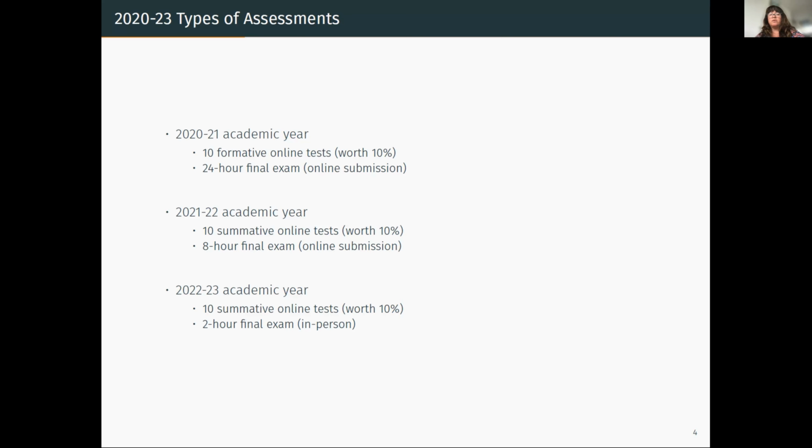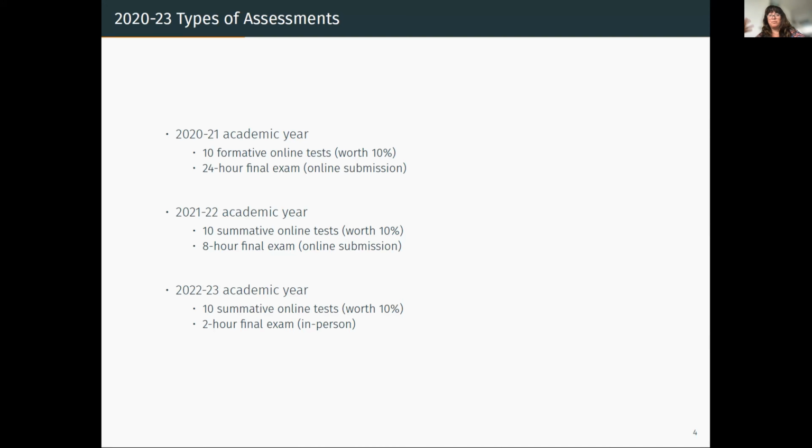Then there was a 24-hour final examination, which was online at the time. In 21-22, something similar: the final exam changed from 24 hours to 8 hours, but there was the switch from formative to summative assessment.